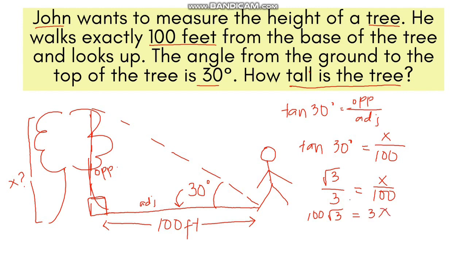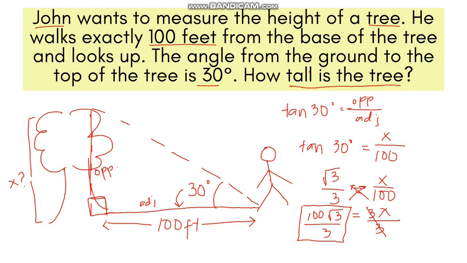Again, we just cross multiply. And then since we want x, just divide both sides by 3. So cancel. We now have 100 square root of 3 over 3. Then let's just write feet.